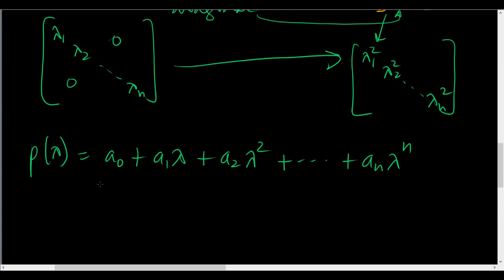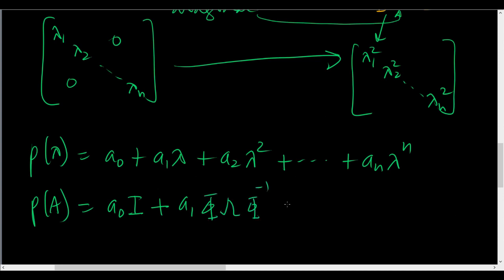In that case, p of A is understood to be a0 I plus a1 phi lambda phi inverse plus a2 phi lambda square phi inverse, and so on.